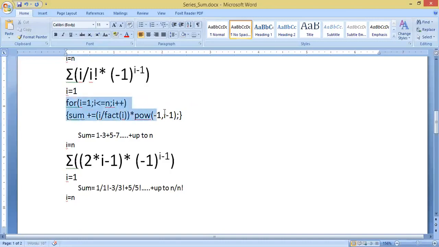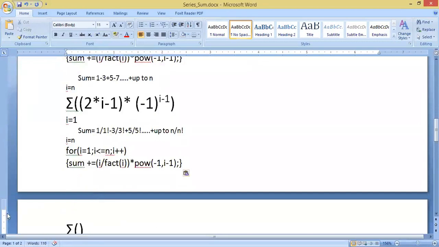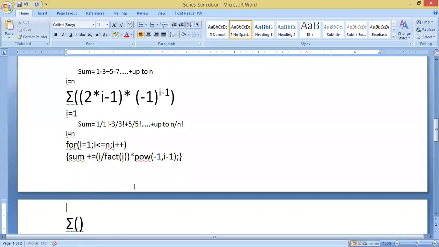What will be the for statement for this one? You can write it, very nice. We can write the for statement for this one, make it correctly written over here. So it will be again 2 into I minus 1, and the rest of the things are the same.